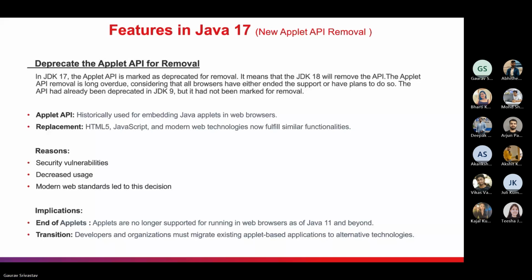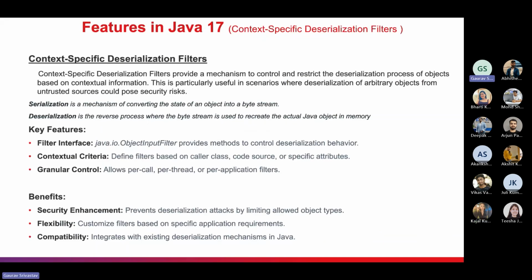Okay. So in the market we already have lots of replacements like HTML5, JavaScript, and modern web technology. To fulfill this kind of need, that's why we removed the applet, for security purposes as well.